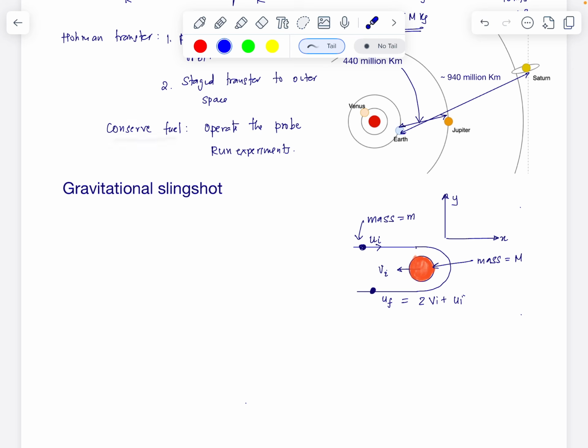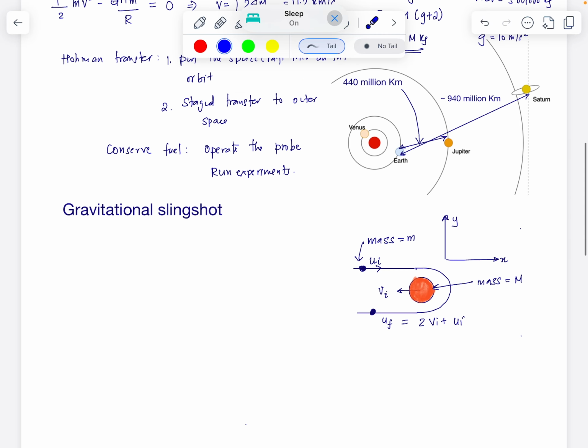So in order for us to launch a spacecraft efficiently, to move the spacecraft through the solar system, and for efficient orbital capture, we need to use something called a gravitational slingshot.